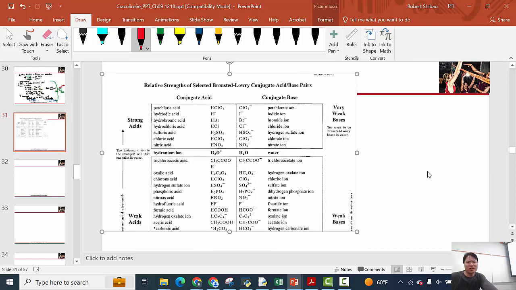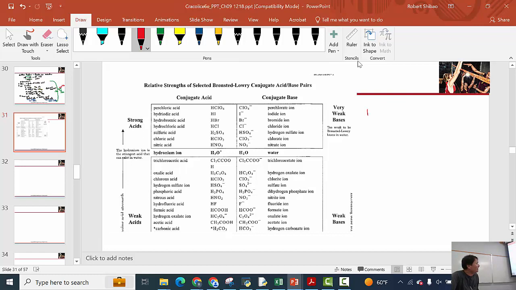Strong acids are strong electrolytes. Strong electrolytes completely ionize or completely dissociate or completely hydrolyze in water. So let's take the strongest acid there. The strongest acid there is called perchloric acid.